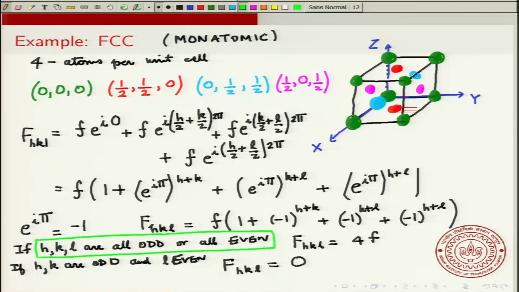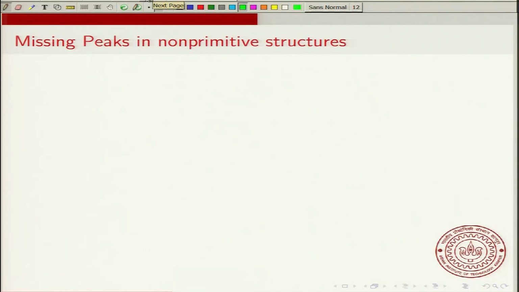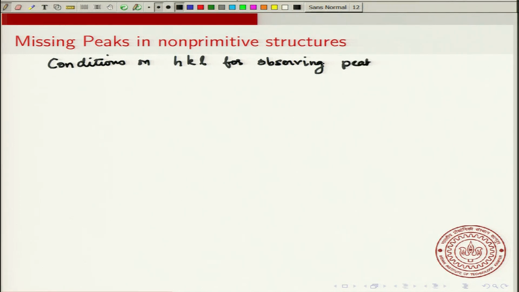Now, you can also do this for different structures. Okay. In general, the condition on HKL for observing peaks. Okay.